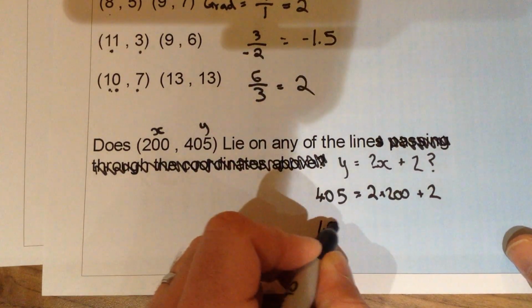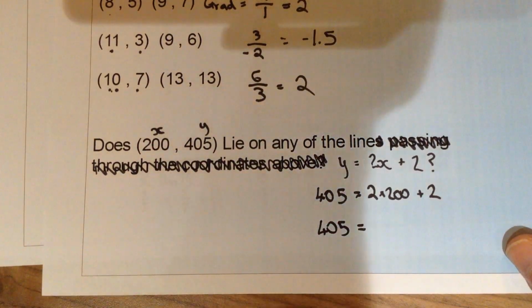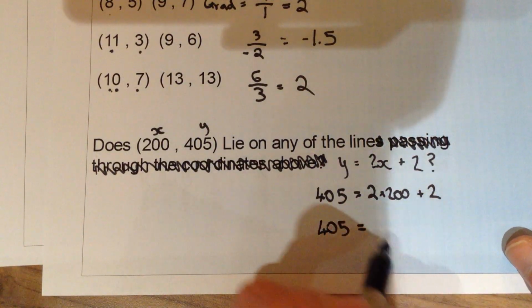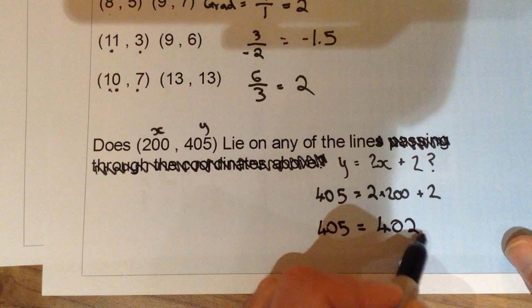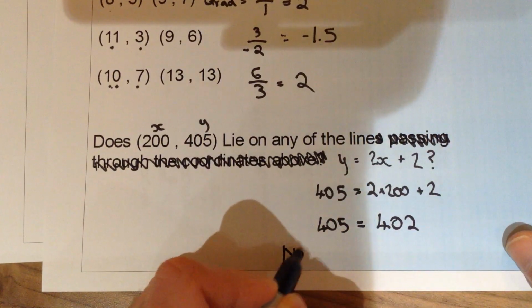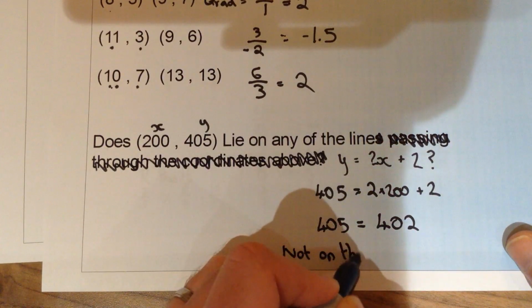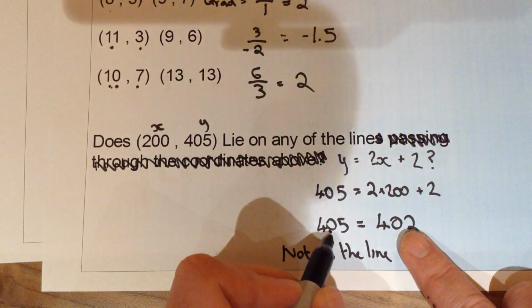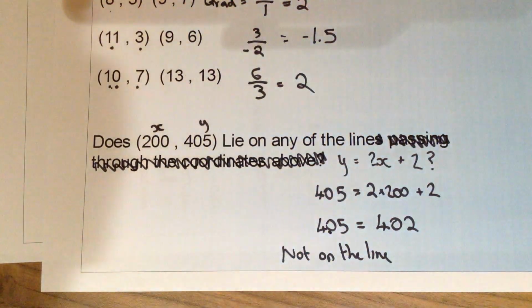So we are hoping that on the right hand side this equals 405. 2 times 200 is 400, plus 2 is 402. So in this case, not on the line. If these two numbers had turned out to be exactly the same, then it would have been on that straight line.